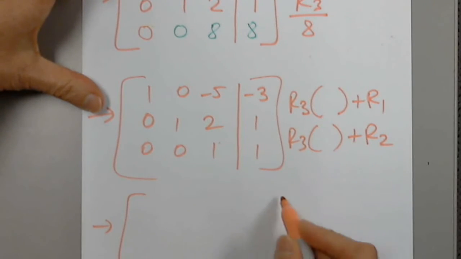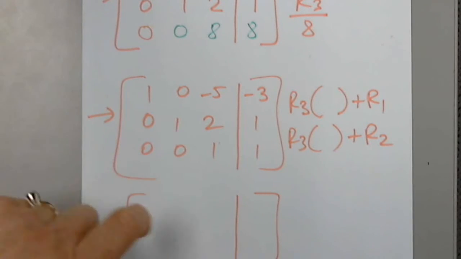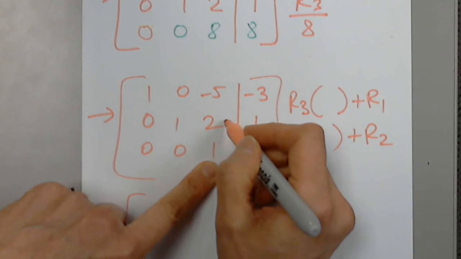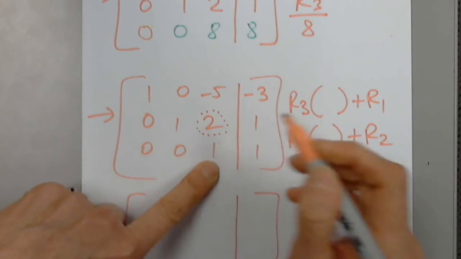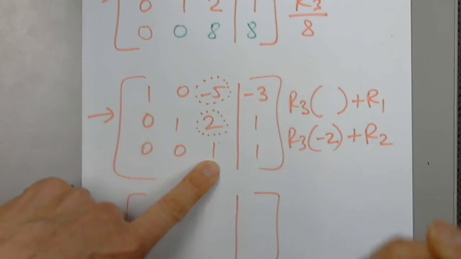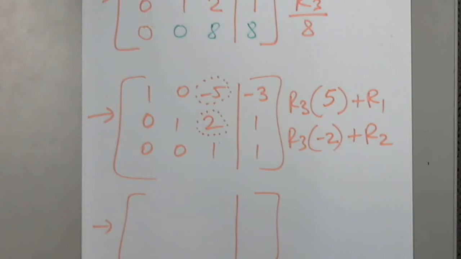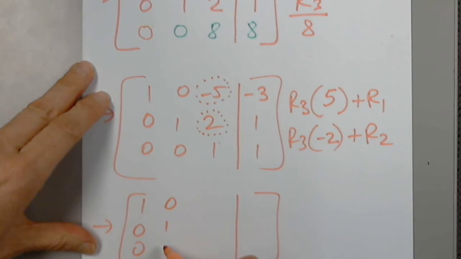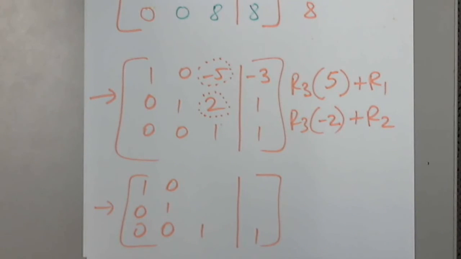What do I multiply by? So what do I multiply R3 by to get a 0 here? Very good. And now I need a 0 here. Very good. I copy the first 2 columns. They cannot change. I worked very hard. I worked in the correct order.